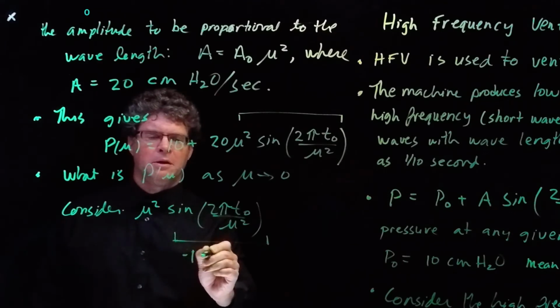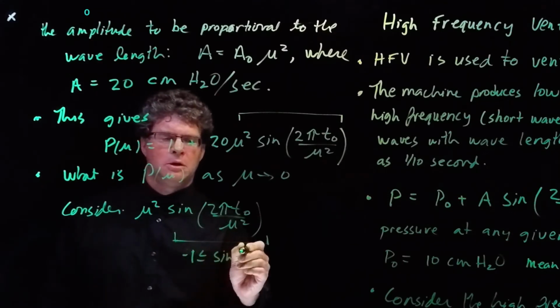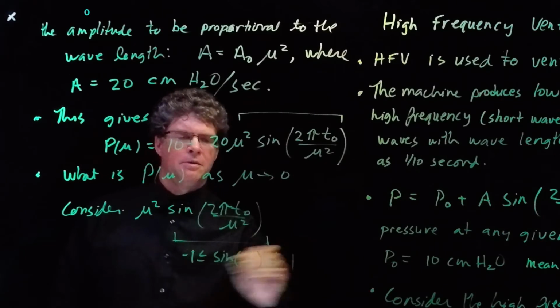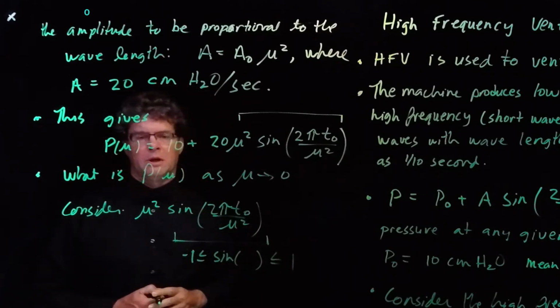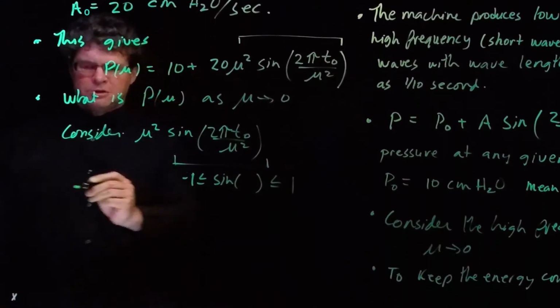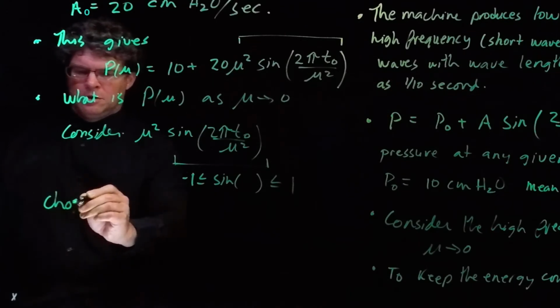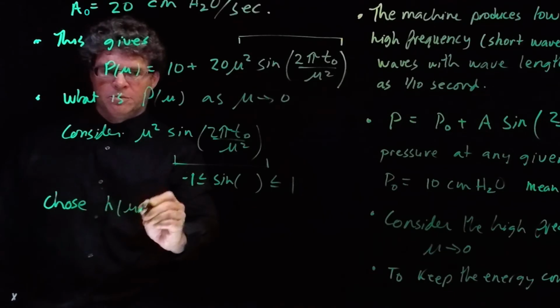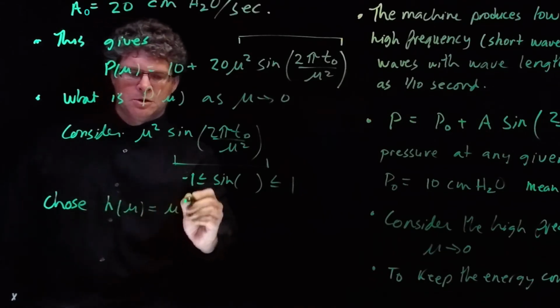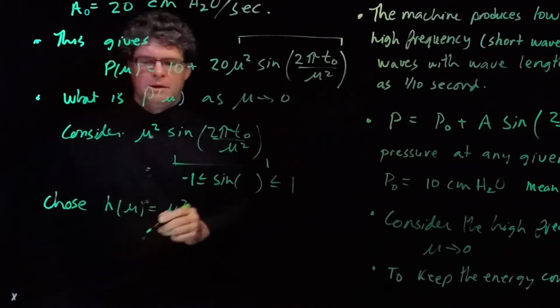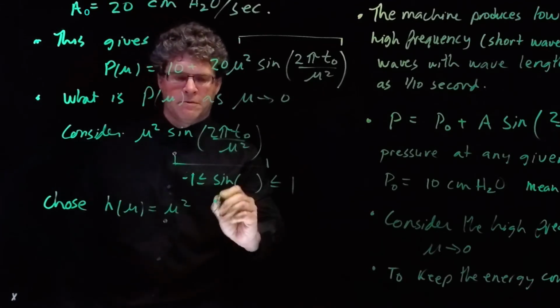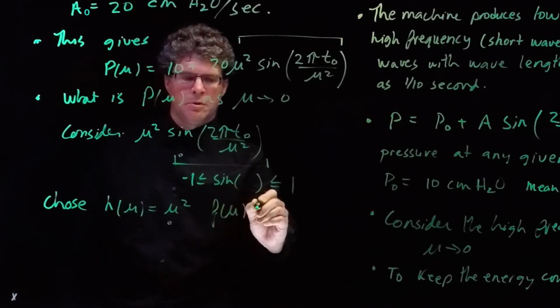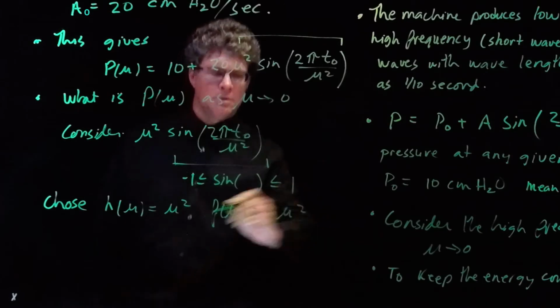We have -1 is less than or equal to the sine is less than or equal to 1. And so we choose the upper function, h of mu is equal to mu squared. And we choose the lower function, f of mu is equal to minus mu squared.